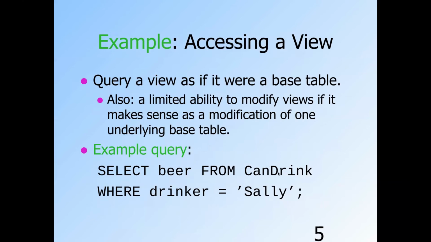PostgreSQL, or any SQL processor, does it just by taking your query and substituting in the definitions. So it makes your query a lot more bushy, because your query actually involves these two extra tables that are in the definition.